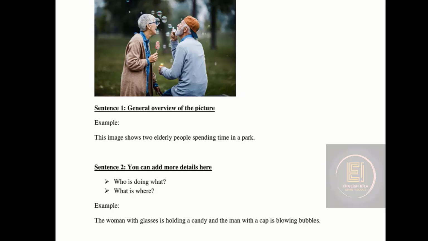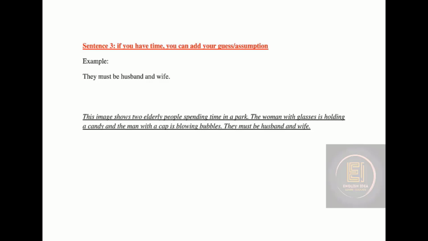Please take your time and read the sentences. In sentence number 3, you can add your assumption or your guess.